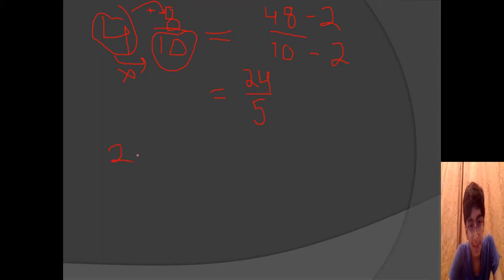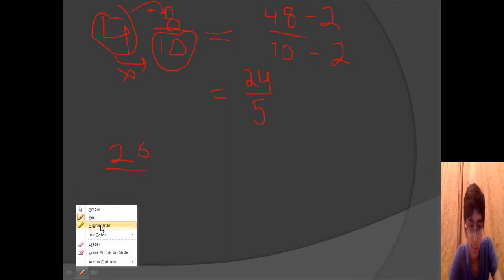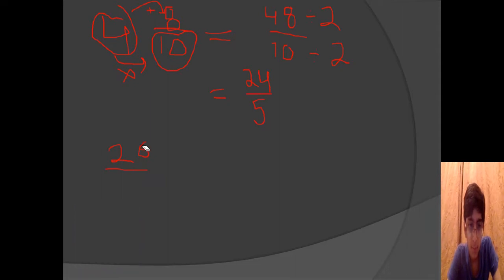This will be 26, let's make it 24 over 8. Okay, so the first number we can think of is 2. Both will be divided by 2.